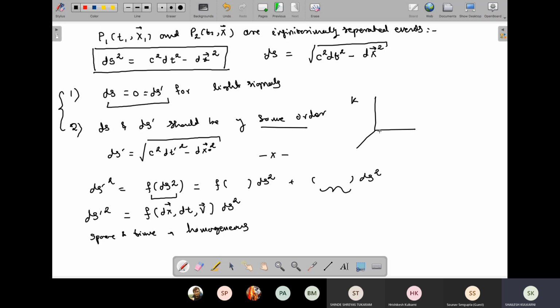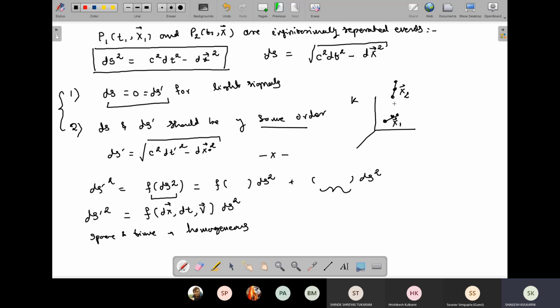Suppose I take an infinitesimal rod and measure its distance here, and then take the same rod and measure its distance there. First I measure the distance about point x1, and afterwards about point x2.